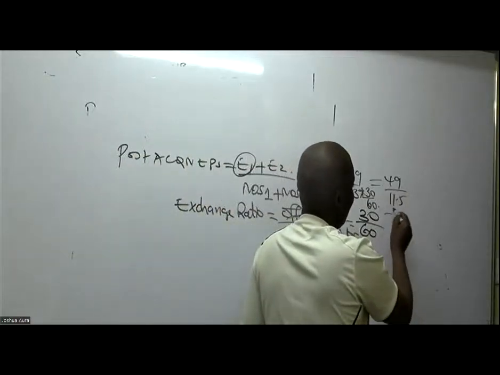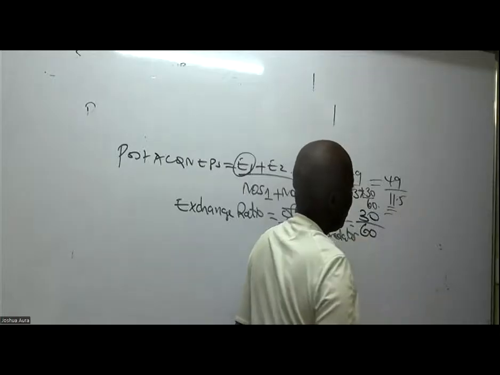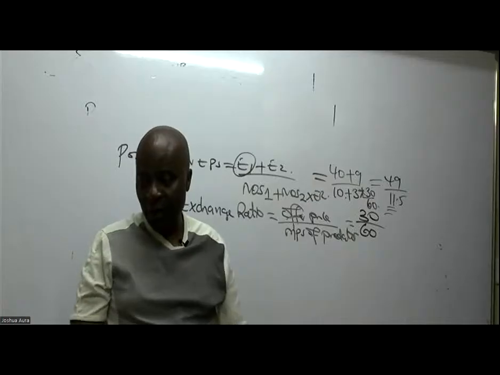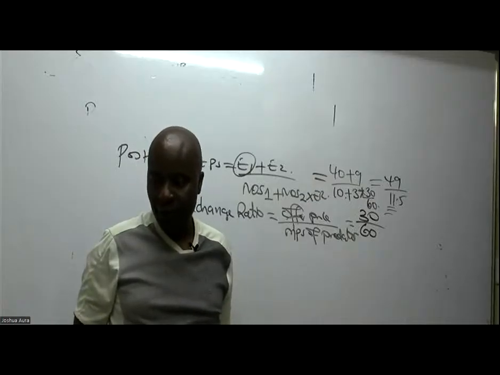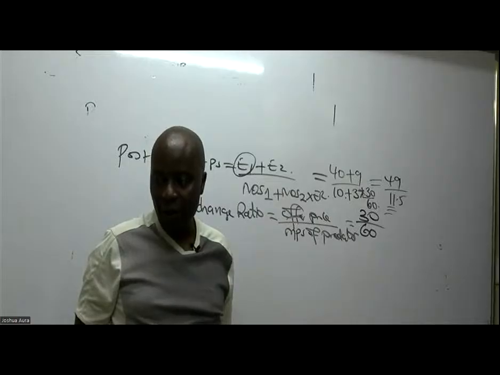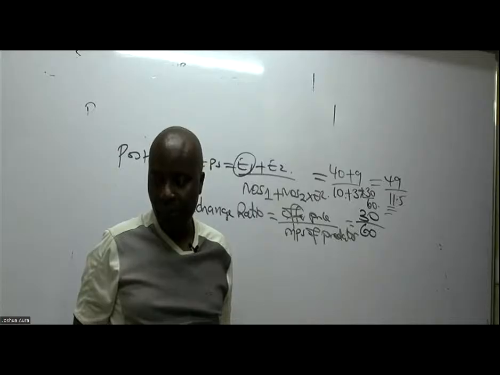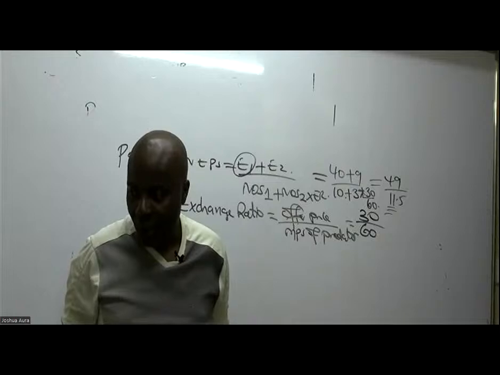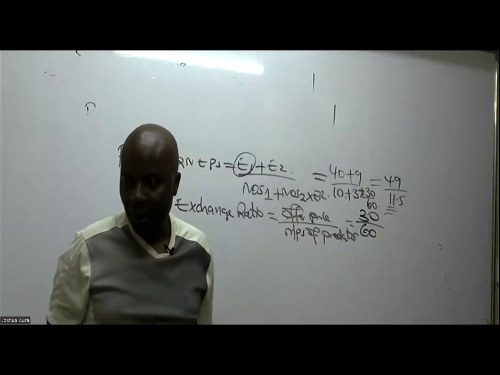So at the end of the day, what will be my final answer? 49 over 11.5 will give me how much? 4.26.